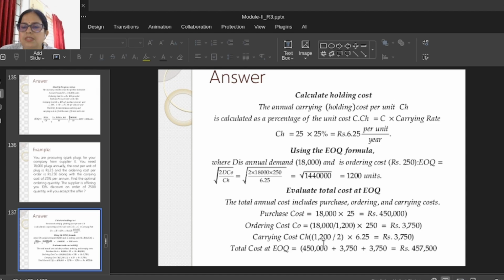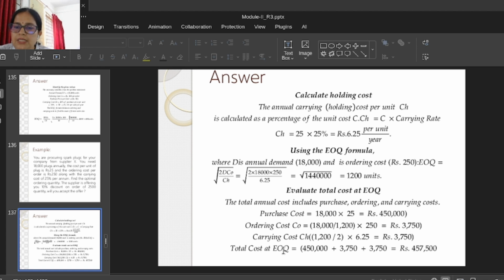Carrying cost, Q by 2 into CH, that is 6.25, this is 3,750. So the total cost at EOQ: if you are taking the economic order quantity, what will be the total cost?